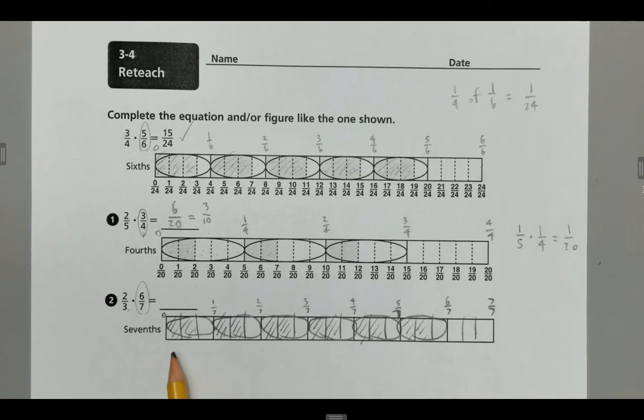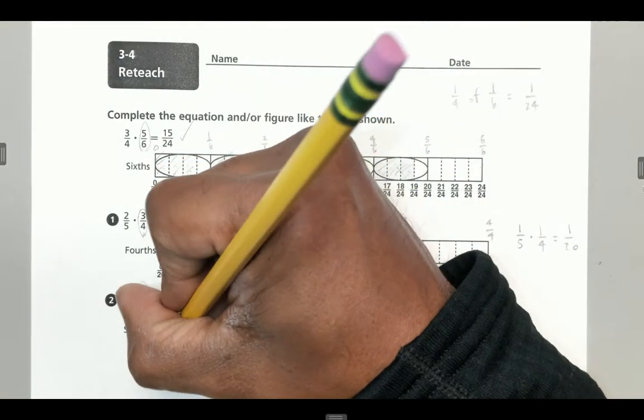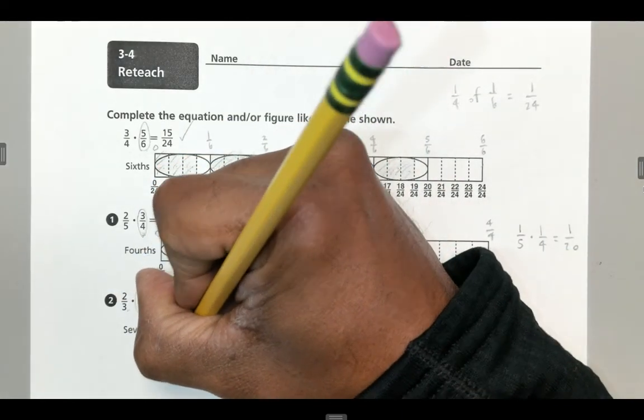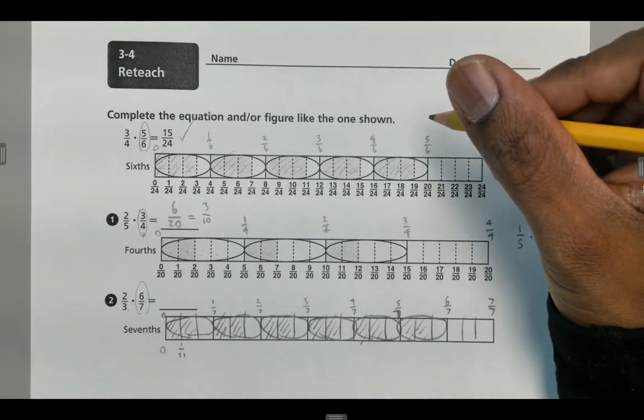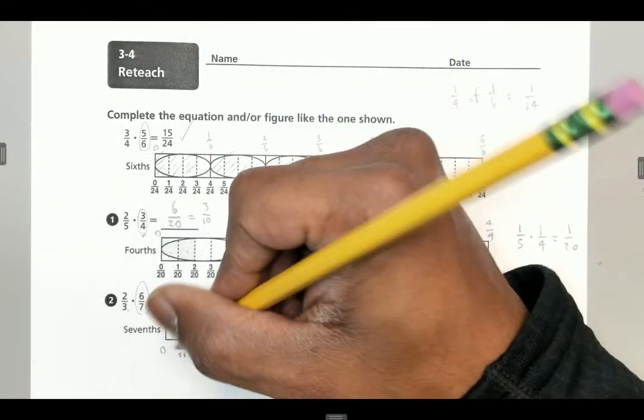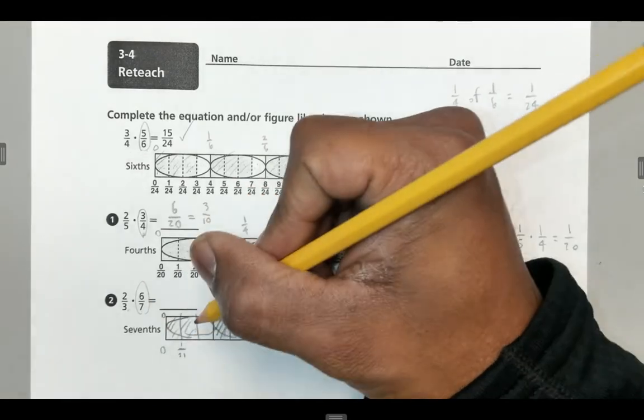Okay, how am I going to label this? Each of these circled parts was 1/7. Now I've taken 1/7 and I've divided that into 3 equal parts. So each of these represents 1/21st, 21 equal parts.